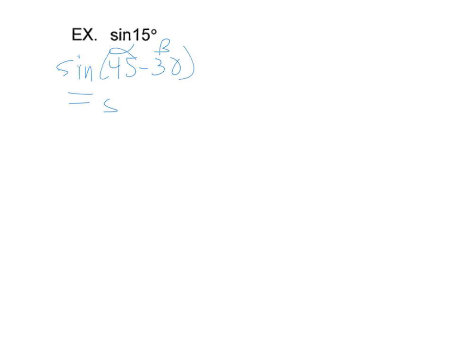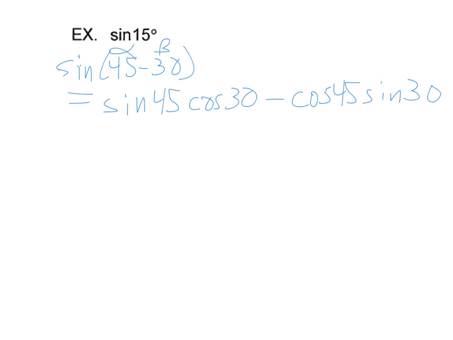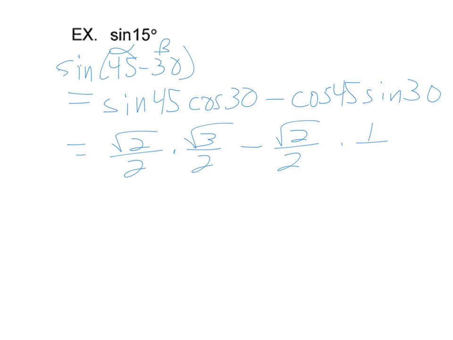Following the sine formula, sine 45, cosine 30, keep the same, cosine 45, sine 30. Then going to the circle, sine of 45, square root of 2 over 2, and so on. Square root of 3 over 2 minus square root of 2 over 2 times a half. All together then, we would end up with the square root of 6 minus the square root of 2 all over 4.